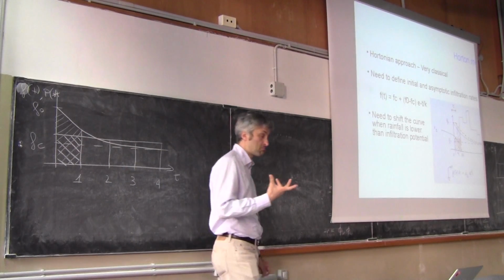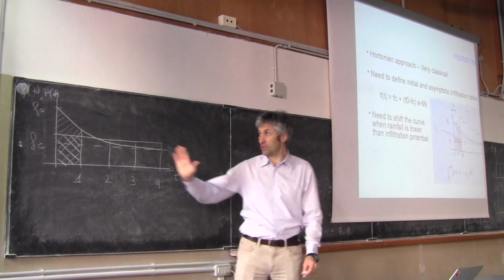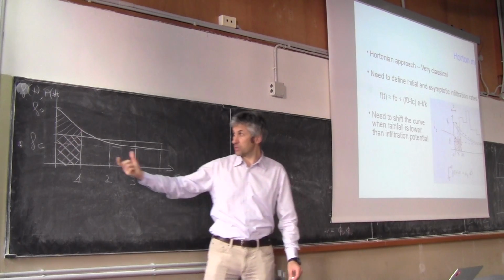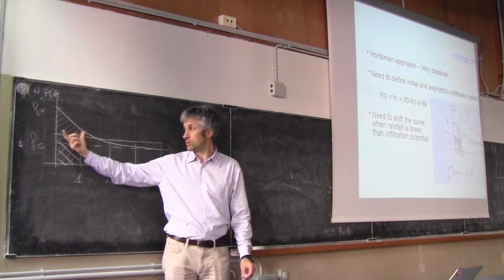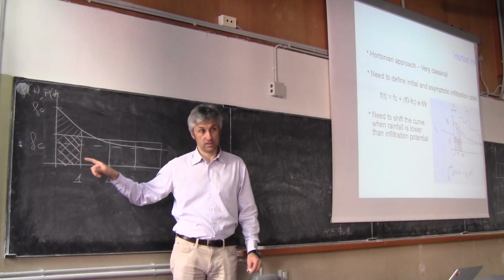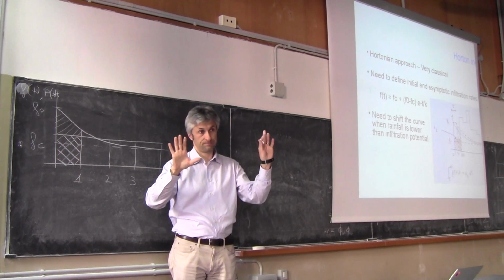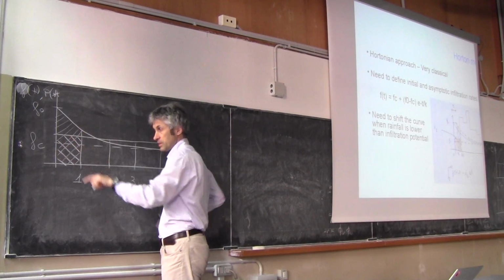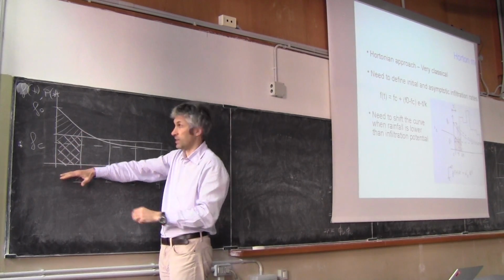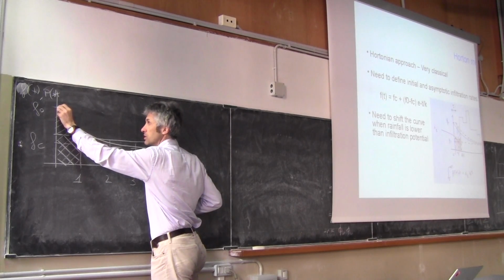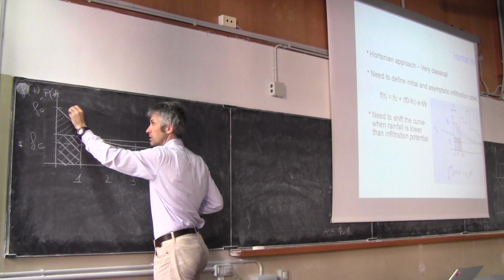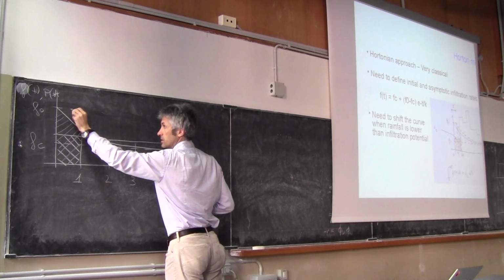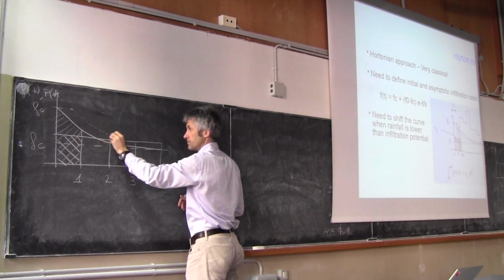So the idea is, let's shift the infiltration curve to the right in order to make the two areas the same amount. So basically, let's refer to the amount here below the precipitation curve, and let me move the Horton curve in this way.